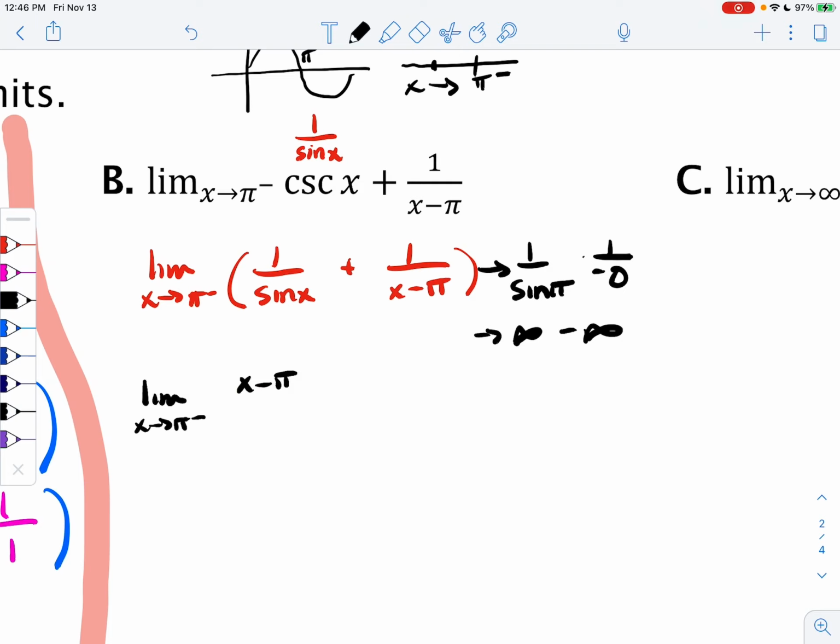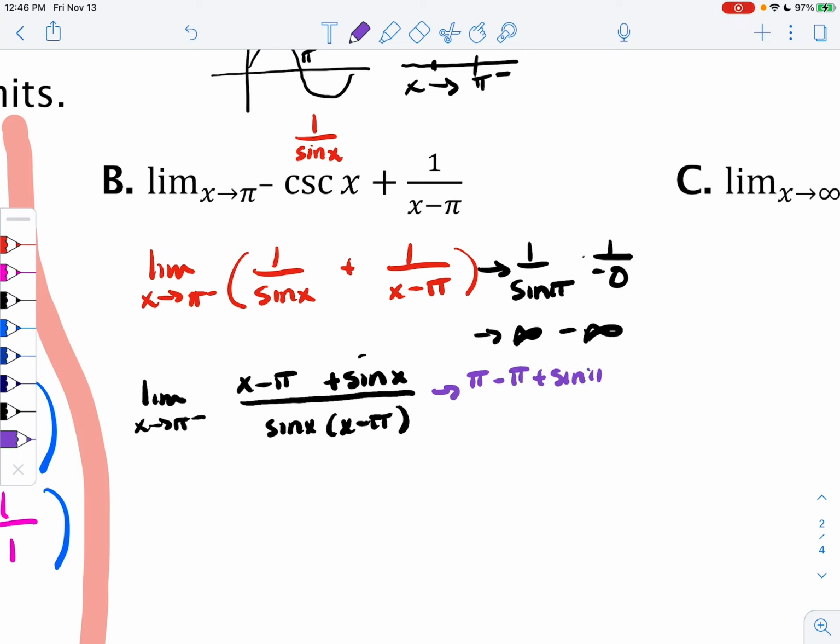Then multiply on top and bottom by sine of x in the second fraction, so we would get sine x, and then combine those into one fraction, so I would get sine x times x minus pi. So far, so good. Now I'm going to try to take that limit and see what I get. Approaching pi from the left, I am going to go to pi minus pi plus sine of pi.